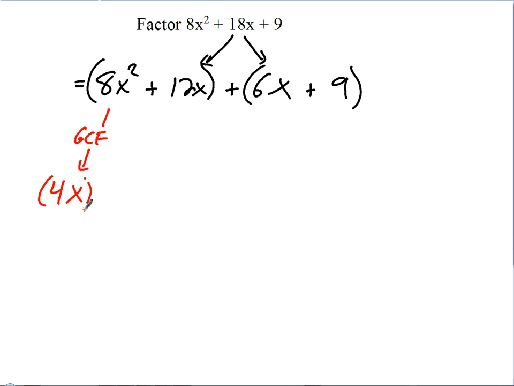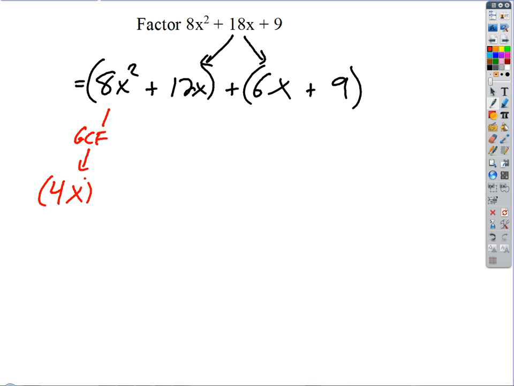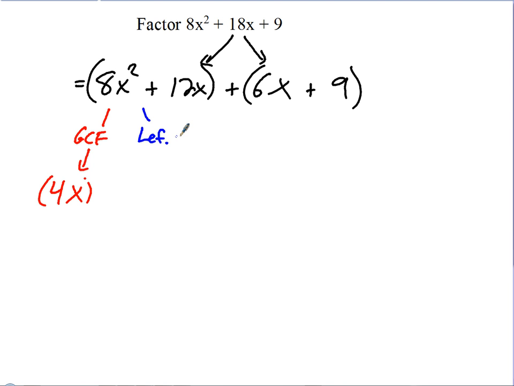Now, what is my leftover factor going to be after I've taken that away? In other words, 4x times what is 8x squared? 2x. 4 times 2 is 8. x times x is x squared. If that was a little bit strange, doing it that way, that's the way I prefer to do it.